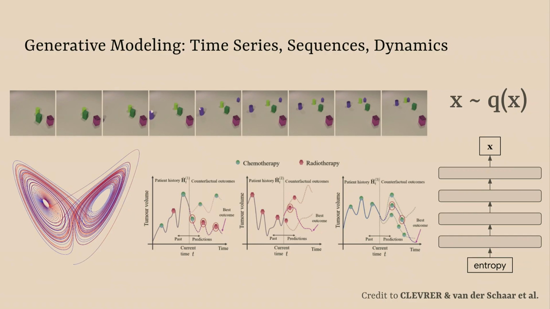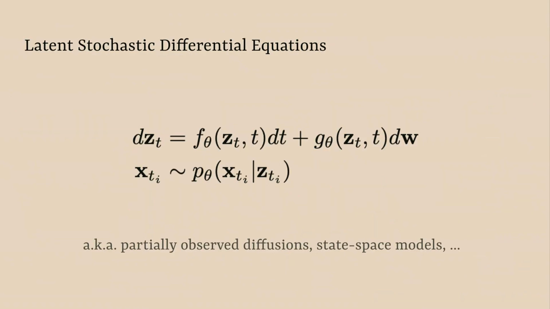The type of generative models that I'll talk mostly about today is what's called latent stochastic differential equations, or neural SDEs, also known as partially observed diffusions or state space models, many different names, right?